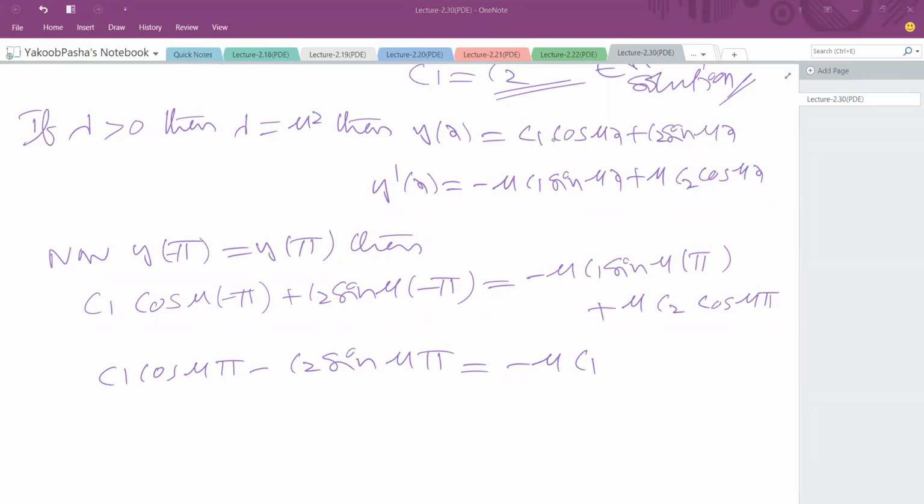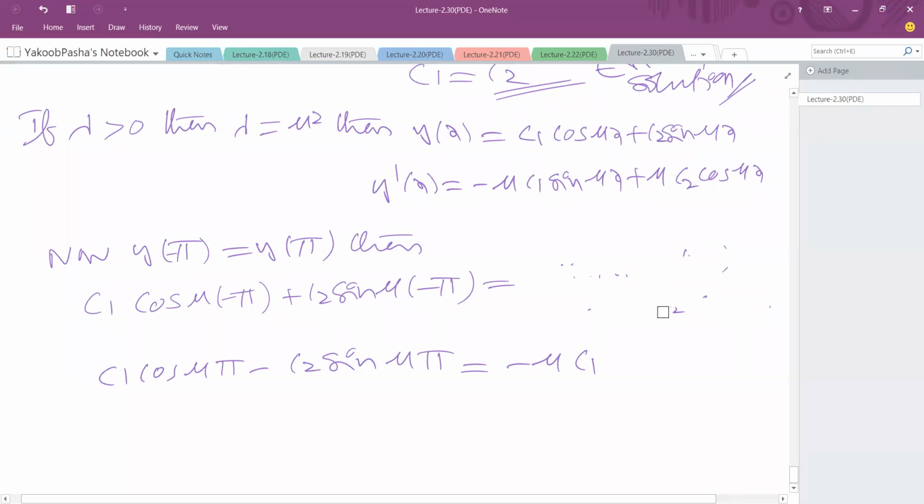Right side wrong. We have to substitute in this, y of minus pi equal to y of pi. Let me correct here: C1 cos mu minus pi plus C2 sin mu minus pi is equal to, substituting y of x only, I substituted in y dash of x. So C1 cos mu pi plus C2 sin mu pi.